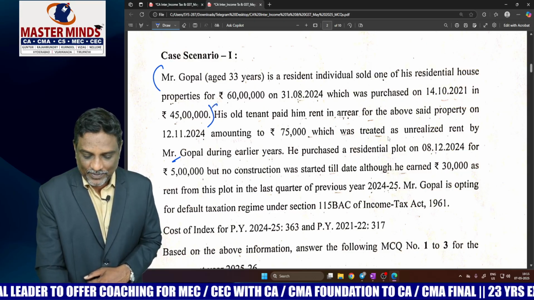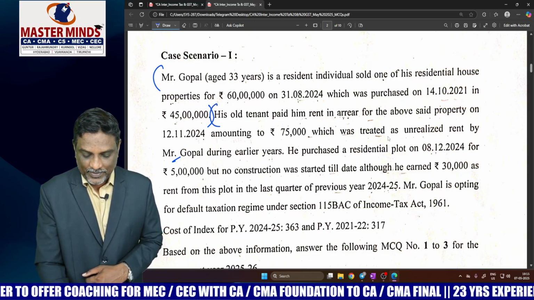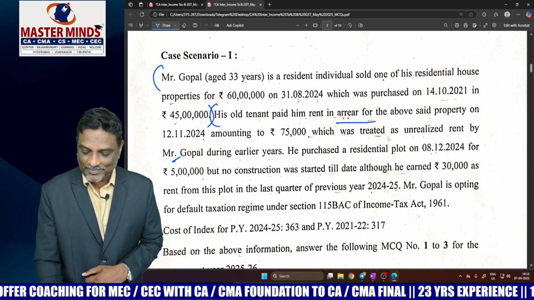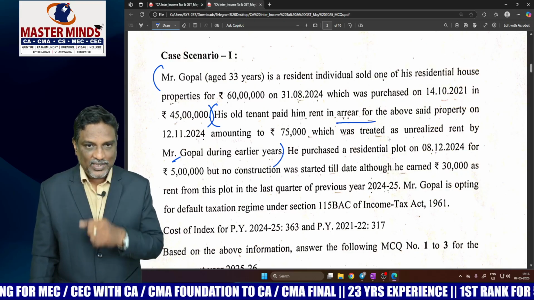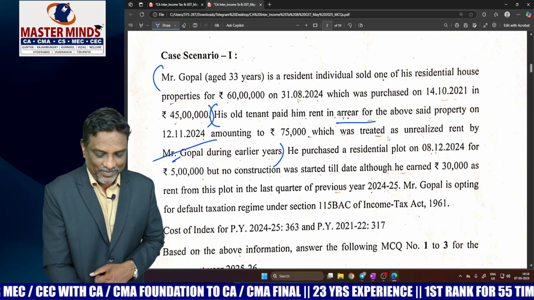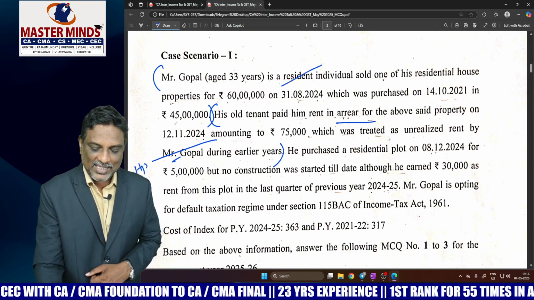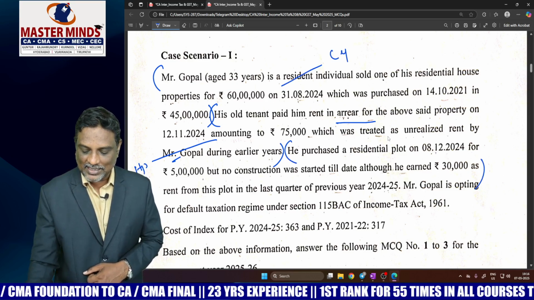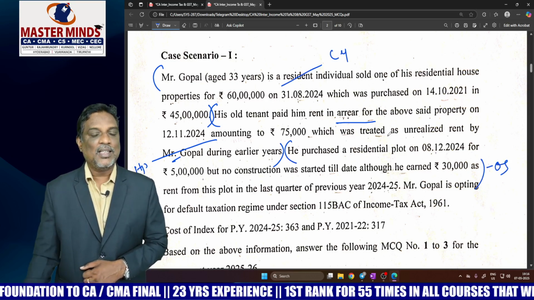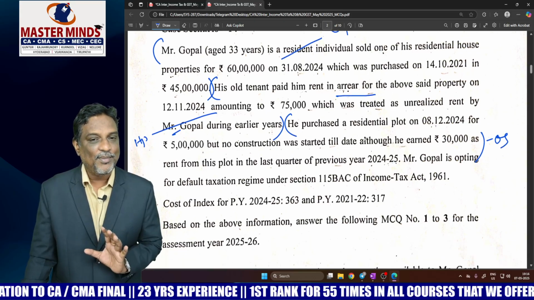Second one is arrears of rent realized. Arrears of rent, income from house property. House property. The first one is capital gain. The third one is other sources. Open site rent received. 3 different heads are provided in this information.